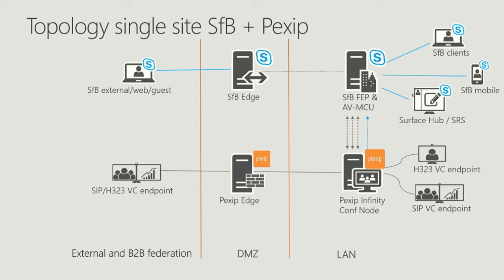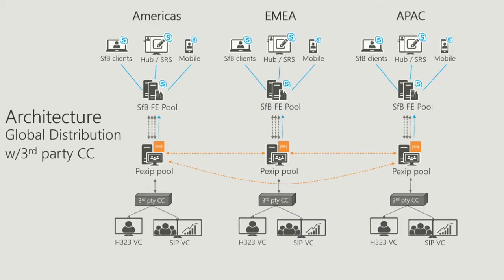So how about the multinational deployment with Skype for Business front-end servers spread all around the world? Here I have a setup with Americas, EMEA, and APAC. Exactly the same setup. You deploy Pexip Infinity with nodes in all the regions. They are all part of the same platform, and I'll show you in a second how to fault find one of these global platforms.